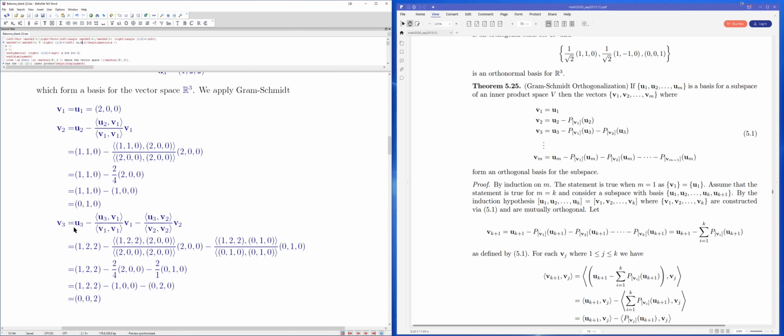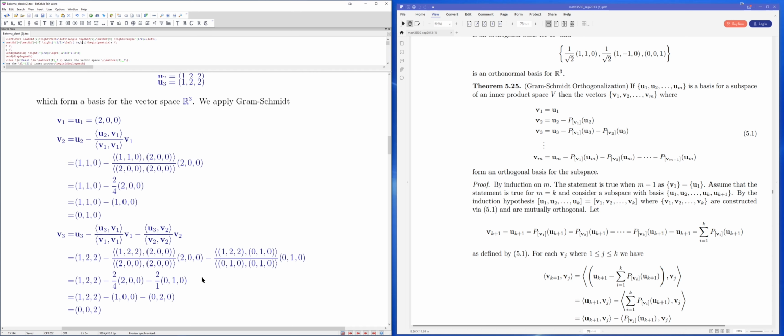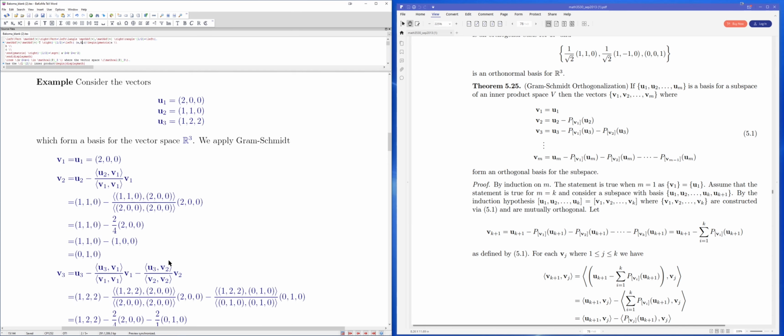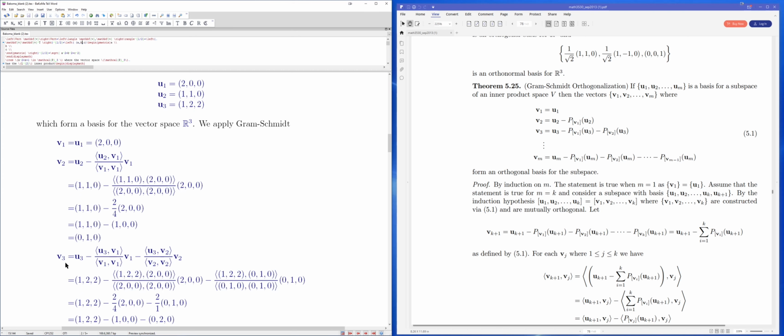Okay, and now I need the v3. The v3 is going to come from u3, and then using my answers for v1 and v2 from above. So the formula is v3 is equal to u3, and then you subtract off projections.